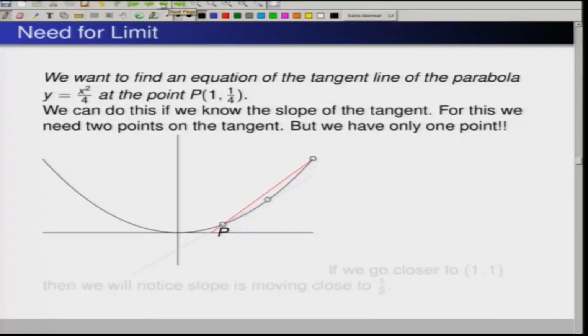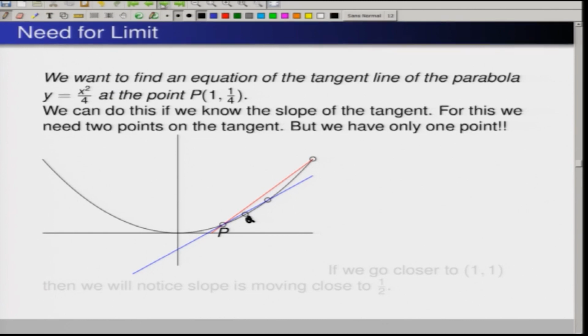Then I draw the line that passes through P and Q. Now, what I do next is shift my point Q closer to P, and I join this. I continue with this process, again I have Q here, then I join the line, and I keep on calculating the slope of all these lines.